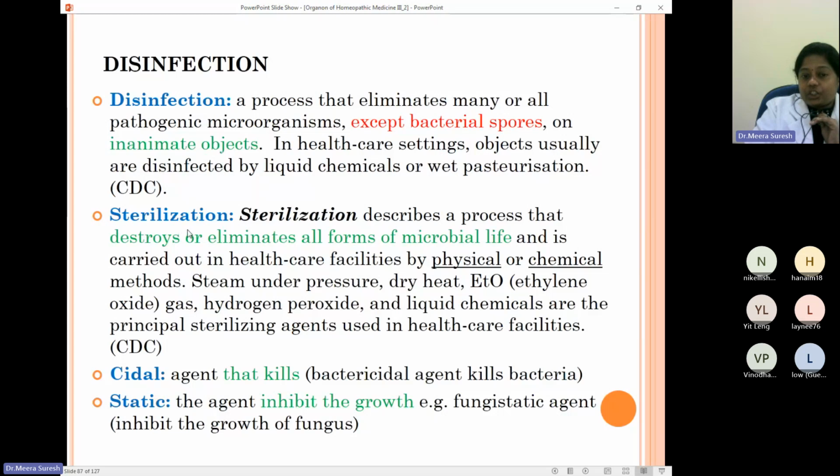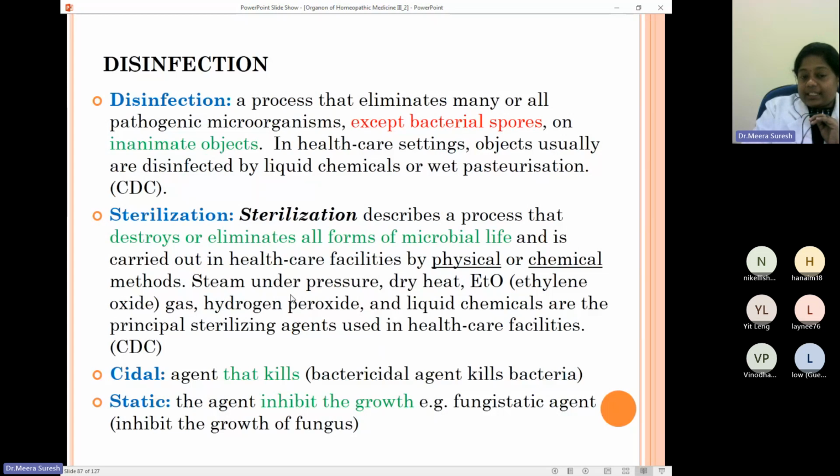Sterilization is a process that destroys or eliminates all forms of microbial life, which even includes the spores also. In healthcare facilities, sterilization can be carried out by physical or chemical methods. What are those methods?